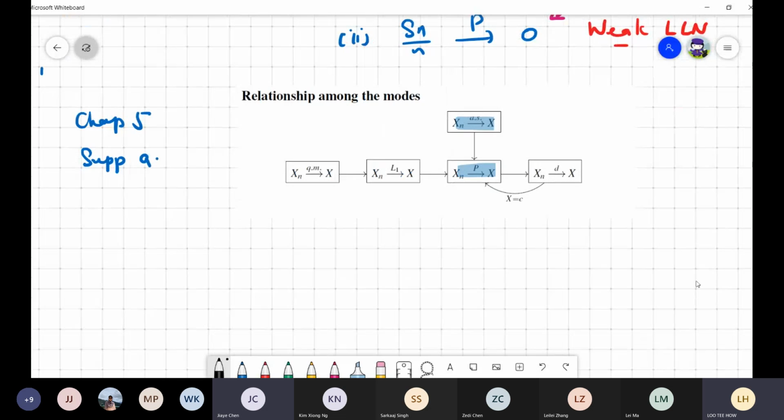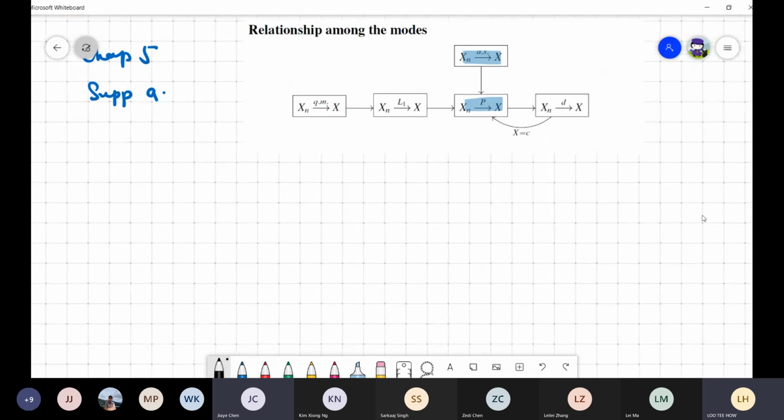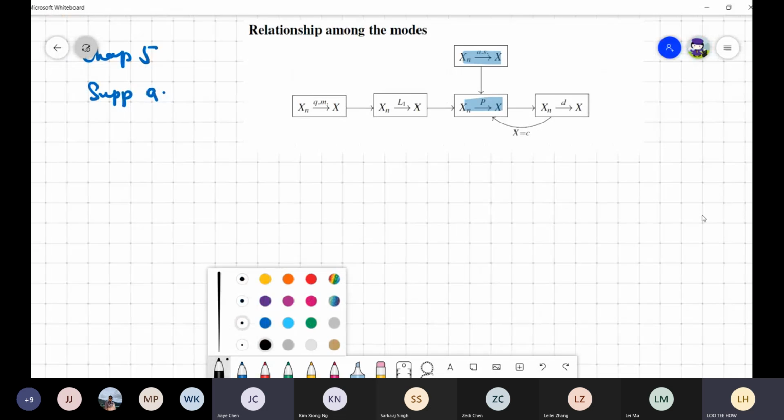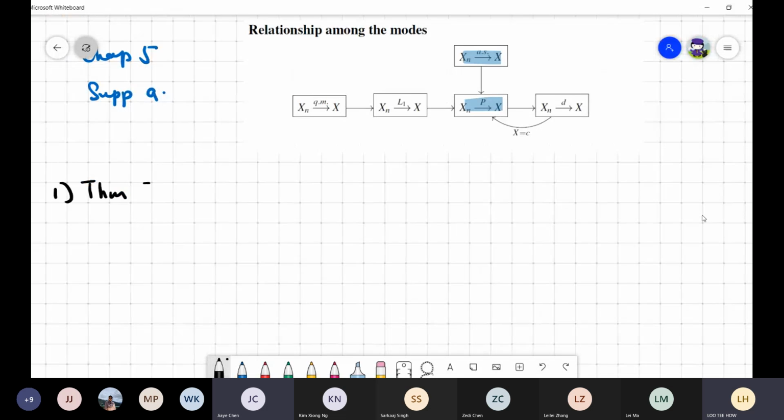Let's look at the first one that we consider here. Let's begin with the first one. I think I better write now. So the first one will be this Theorem 5.5.1. We have this hypothesis.